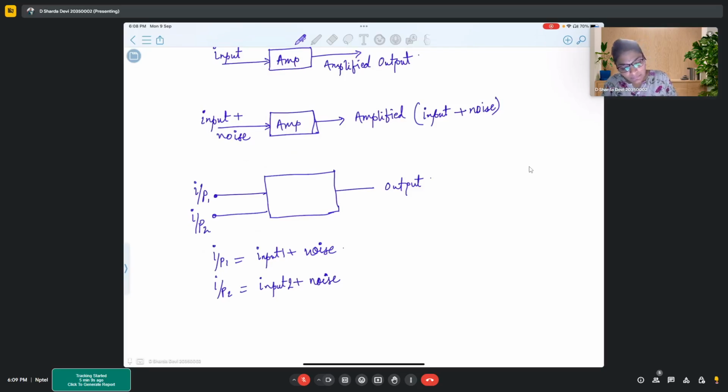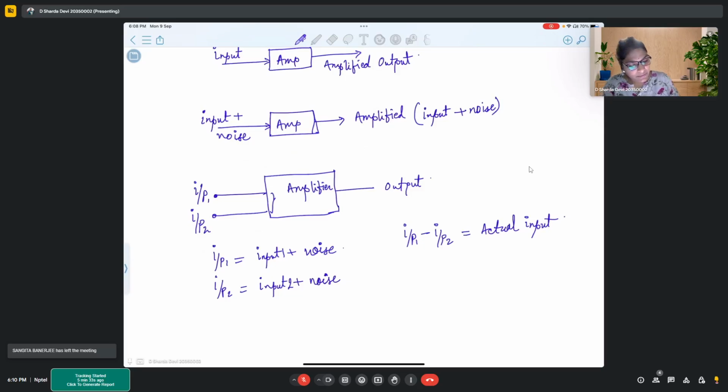So what we are giving to the input of this particular system is input 1 minus input 2. This is the actual input to this amplifier. This is a new type of amplifier.